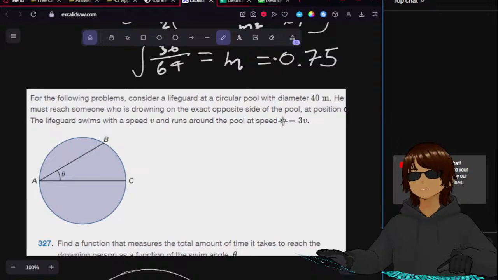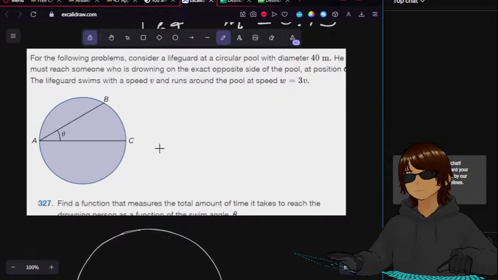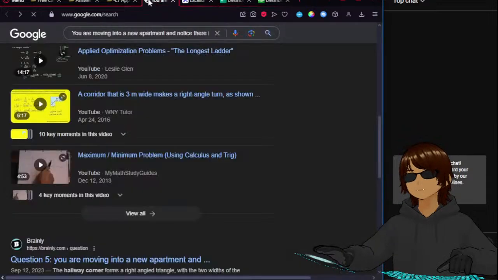W is equal to 3v. Yeah, I have no idea how to do this as well.